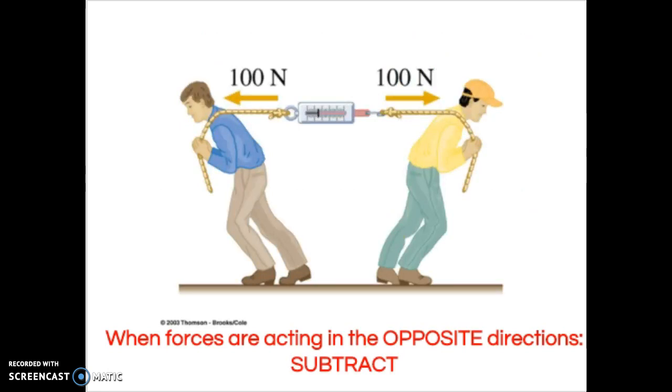Here we go. We have 100 newtons to the right and 100 newtons to the left. These forces are opposite. So when they are opposite, you are going to subtract. So this is an example of a balanced force. There is no movement because I have equal forces on both sides of that spring scale.